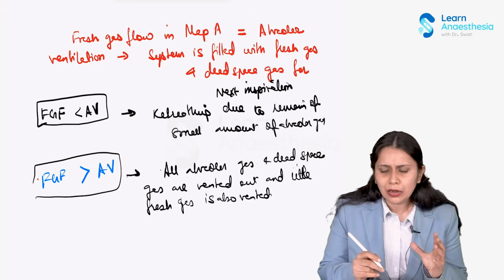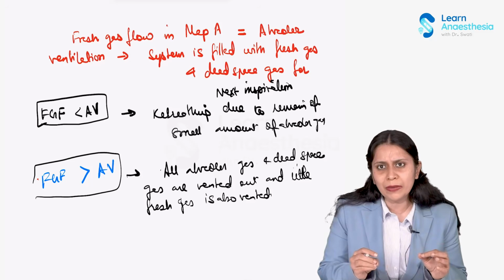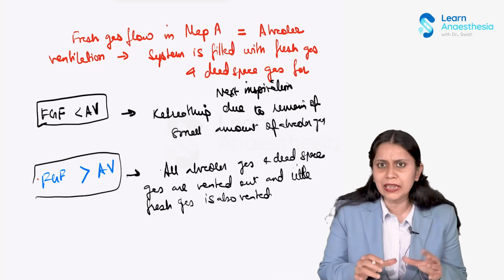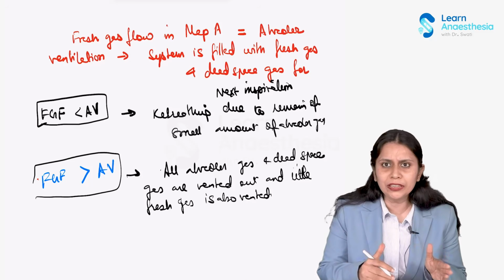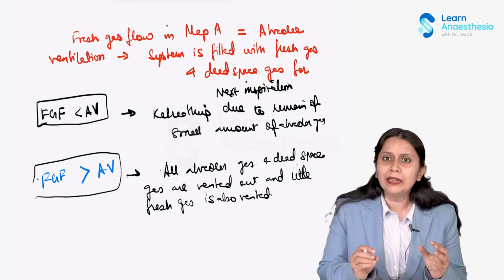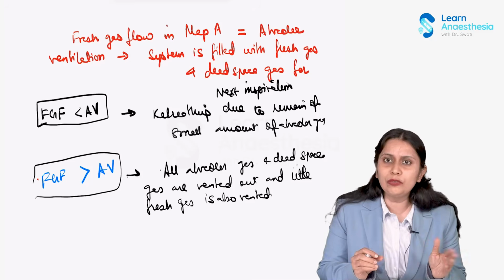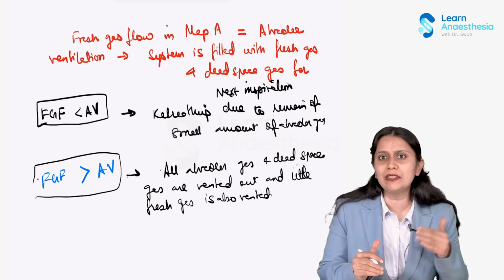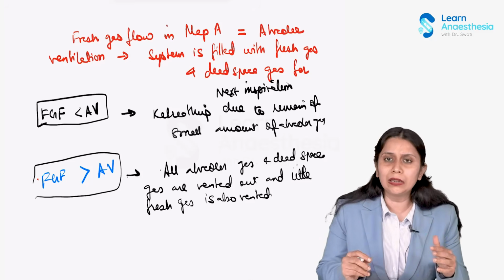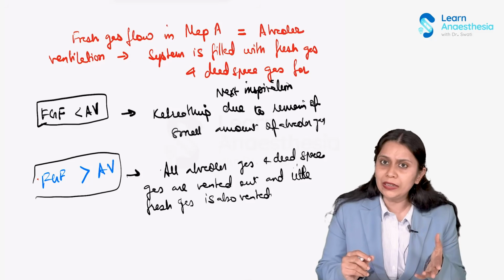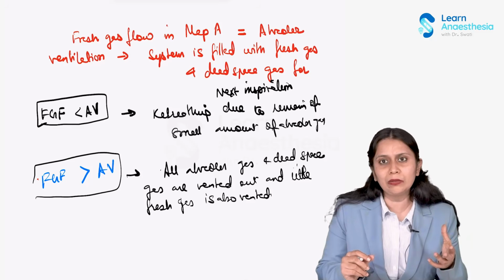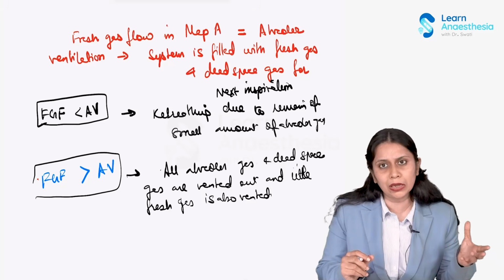The reason is that mixing of the gases to some extent will happen, because it is the same tubing which is having the inspiratory and expiratory gas. So there will be mixing to some extent, plus every expired gas volume would not be the same. If some expired gas volume is more than normal, then definitely the mixing will happen, and the expired gas will go into the reservoir bag itself also.